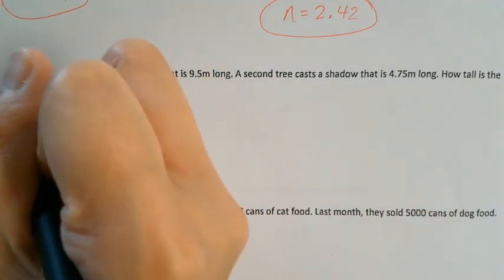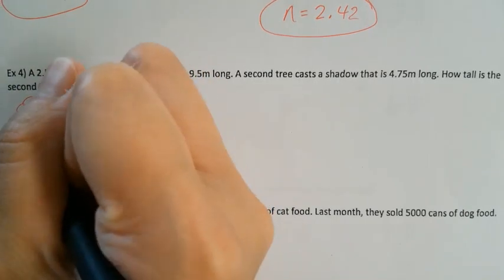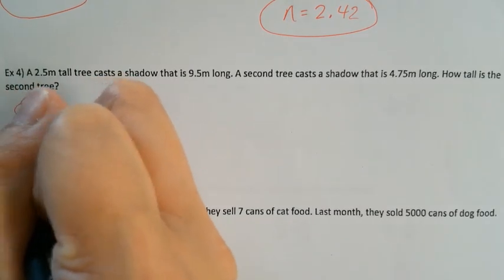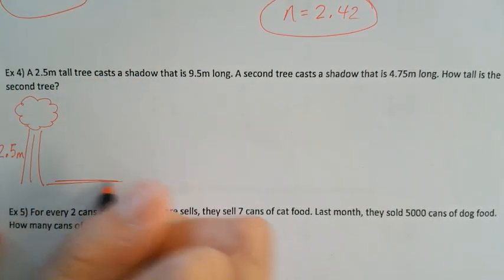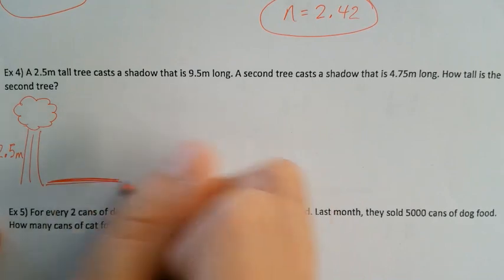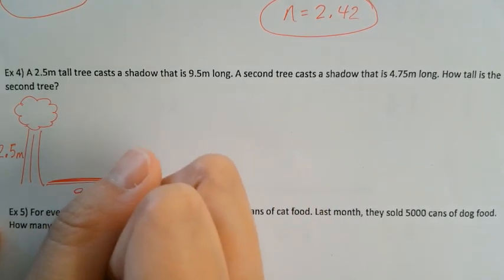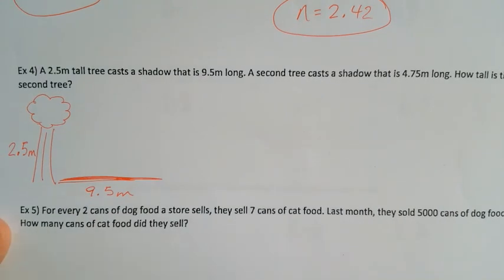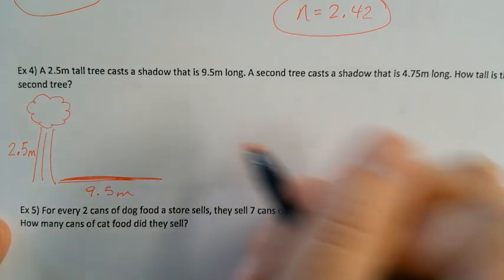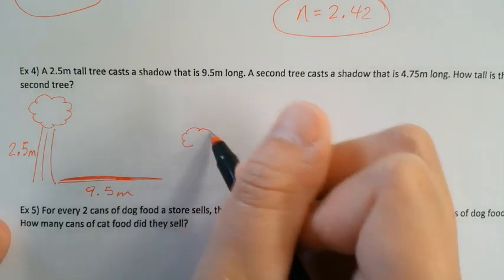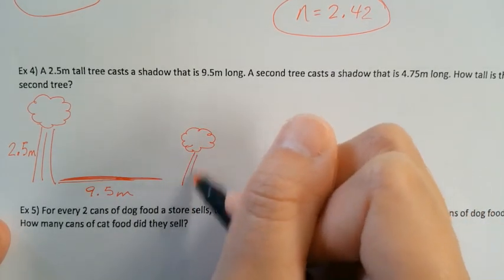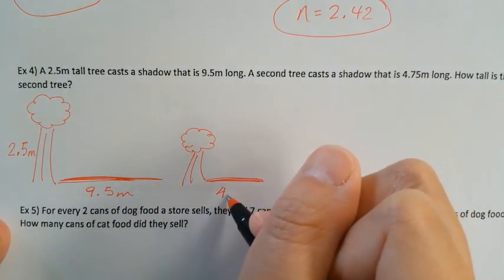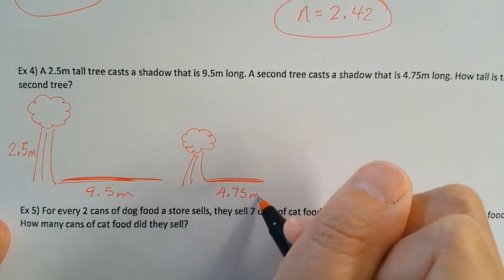Here's my lovely apple tree that is 2.5 meters tall, and it has a shadow on the ground that is 9.5 meters long. At the same time, you have a second tree beside it, and then I have a shadow that is 4.75 meters long.